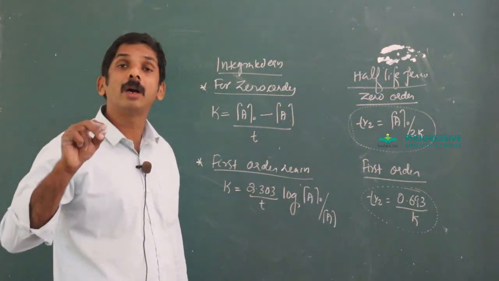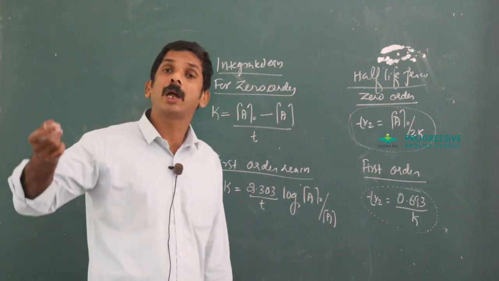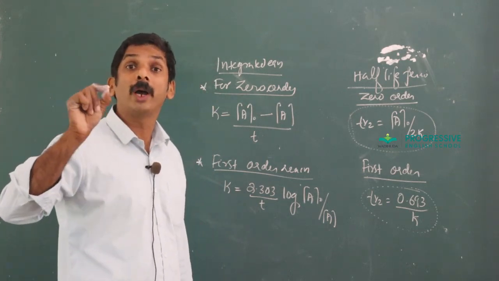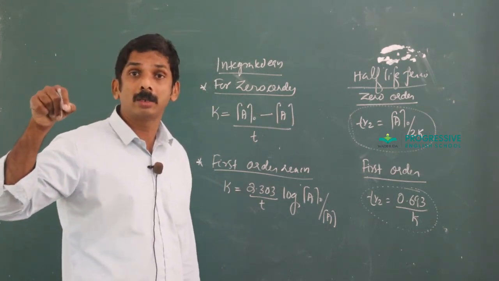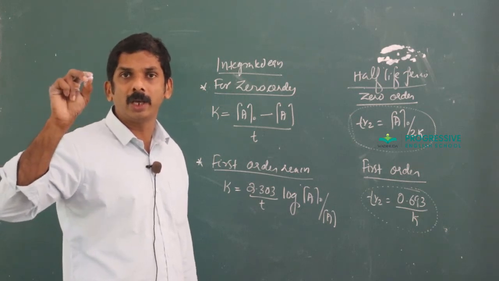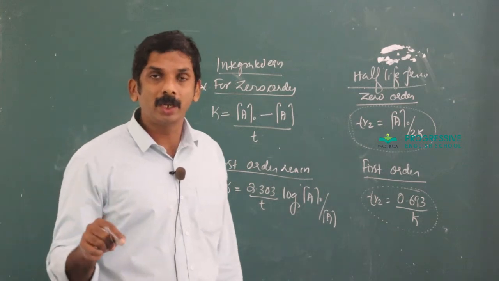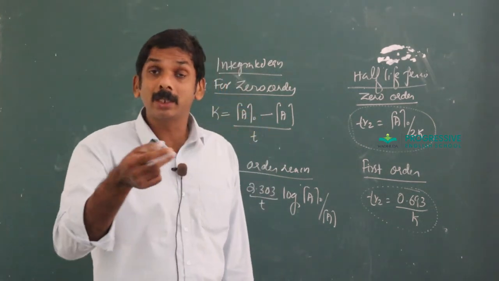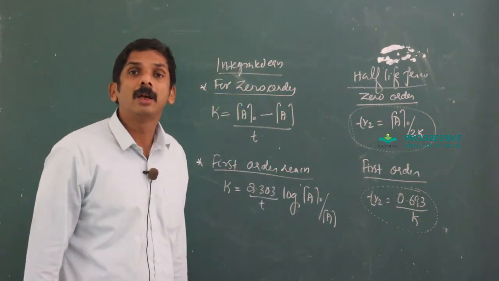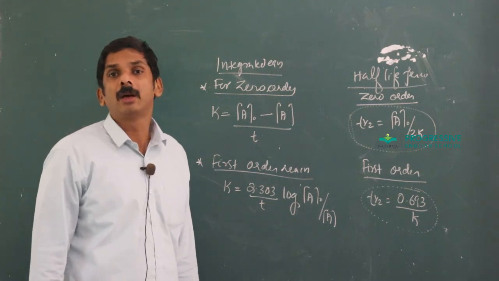If you take A gives product, you write the expression as minus dA by dt. The negative sign indicates that the concentration of reactant decreases with time.